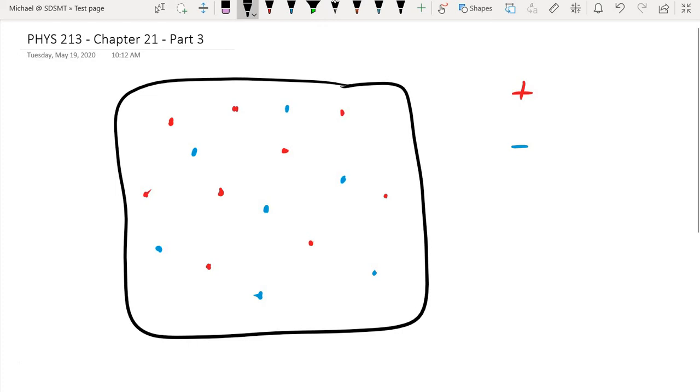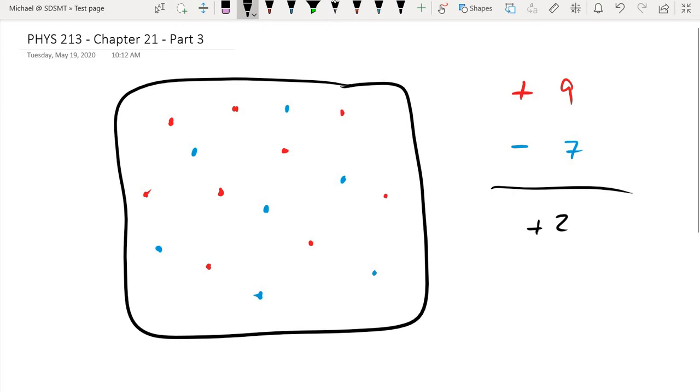And there are 1, 2, 3, 4, 5, 6, 7 blue dots. And so we would have a net charge in the system of positive 2 because our positive charges exceed the amount of negative charges.